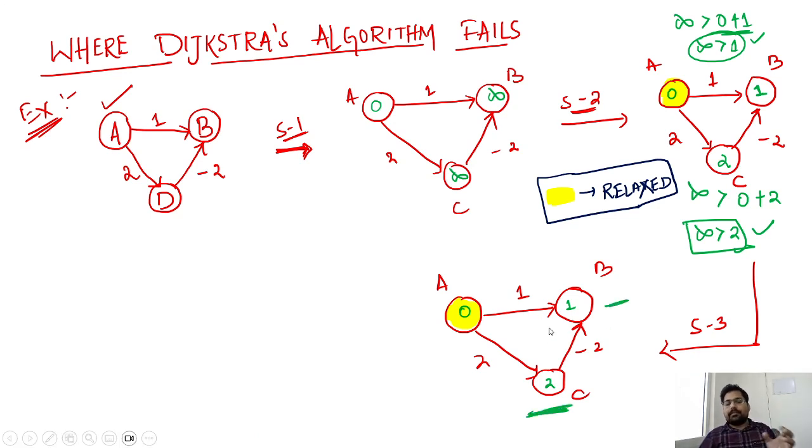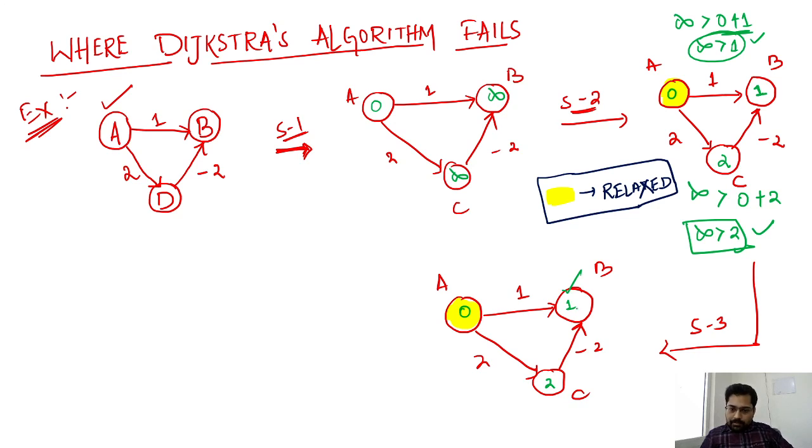Until everything is relaxed, we have to run the Dijkstra algorithm. The minimum will be selected for relaxation. We are selecting this one because it is the minimum out of these 2.